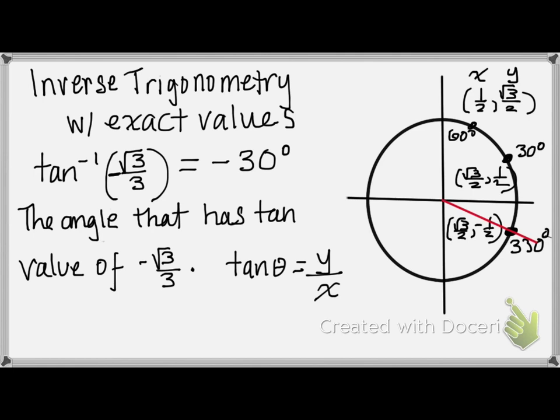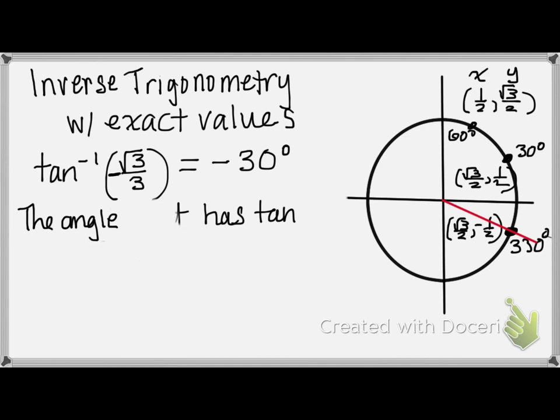So in this definition for tangent, I actually want to amend it and say it's the angle, and then I'm going to put a restriction on it. The angle that's between negative 90 degrees and 90 degrees. So you see that interval notation? Hopefully you remember interval notation.